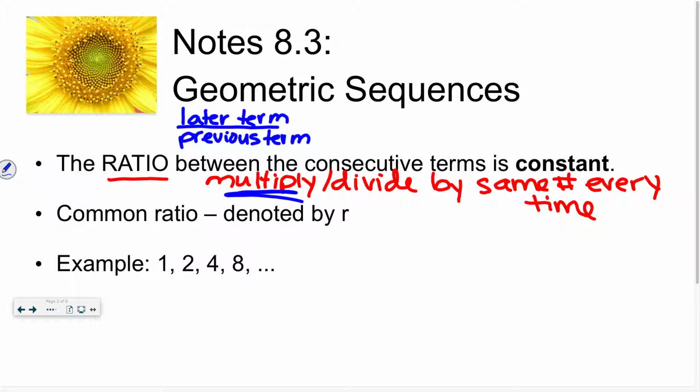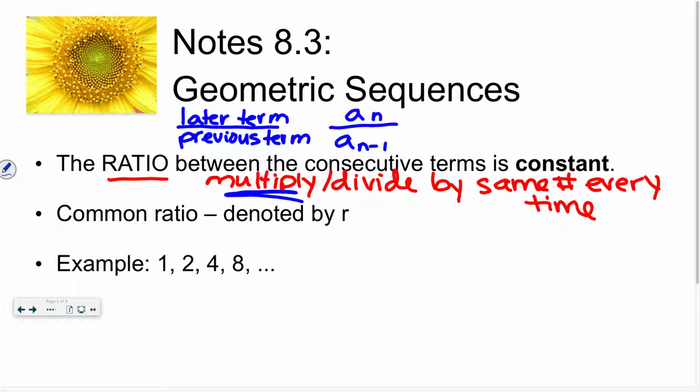Okay, so if you're having a hard time seeing what the ratio is, sometimes the ratio will be really easy to spot, but sometimes it might be harder for you to see. Make sure you're doing the later term divided by the previous term. In sequence notation, that would be a sub n divided by a sub n minus 1, the one right before it.